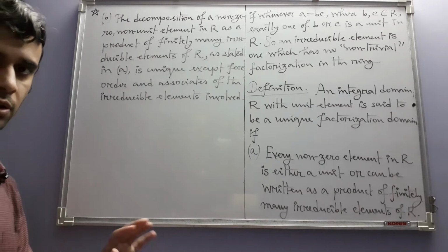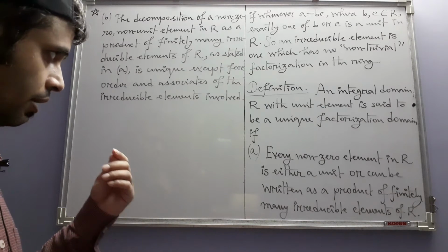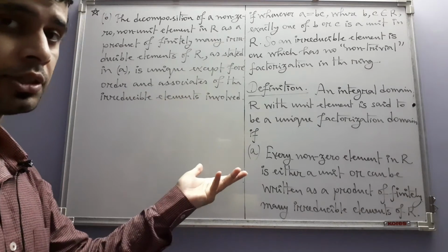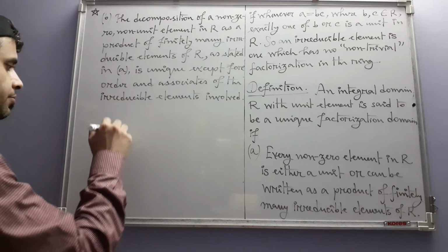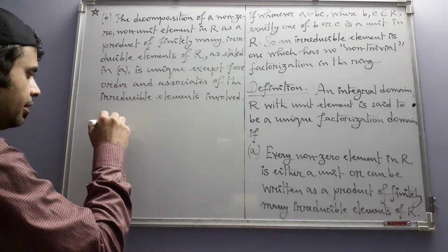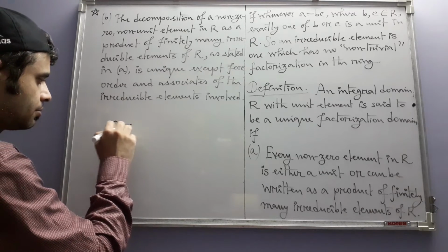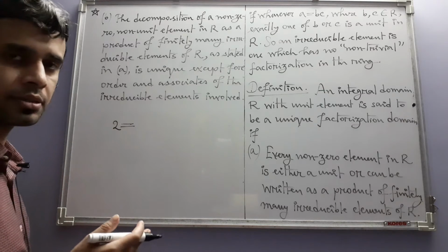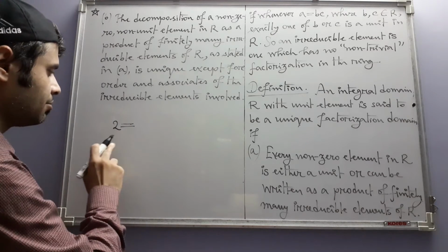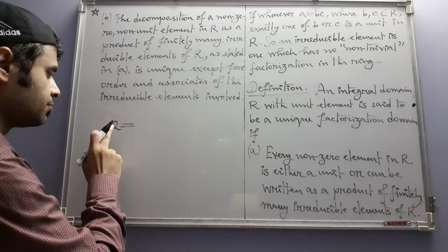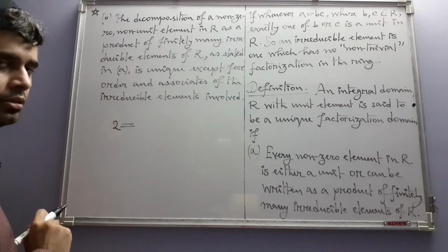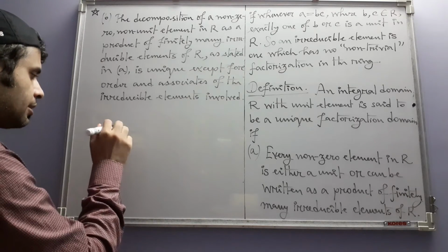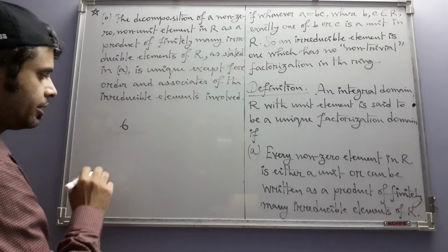You can change the order of the factors, and for the associates, let me again bring that example back. 2 can be written as a product of prime elements in only this way, because 2 itself is a prime, or let's take a non-trivial example. Let us take 6.